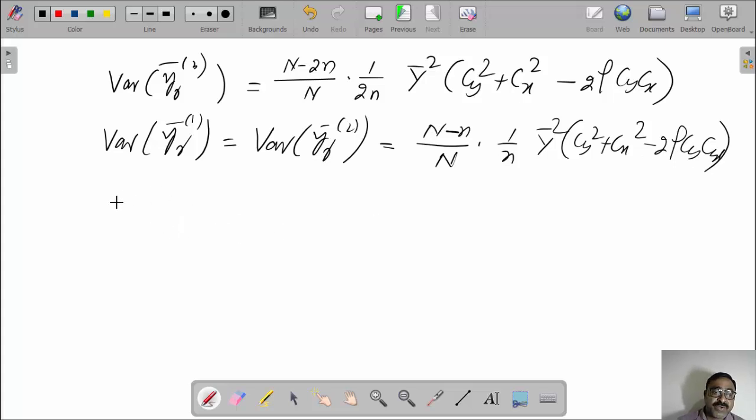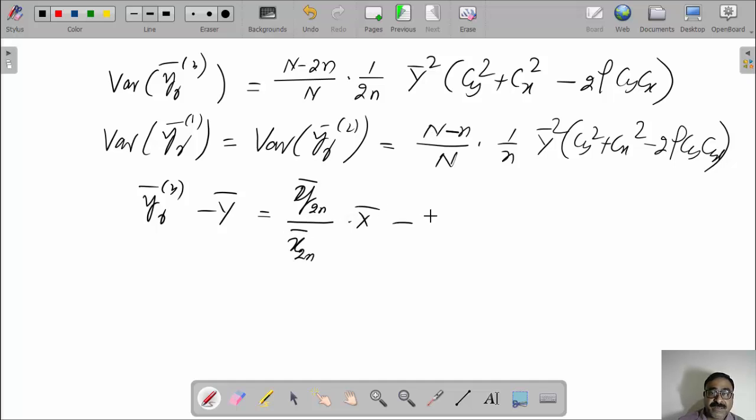Now to find the covariance terms, we consider y r bar 3 minus y bar, that is equal to y2n bar by x2n bar into x bar minus y bar, that is equal to y2n bar into x bar by x2n bar minus y bar.